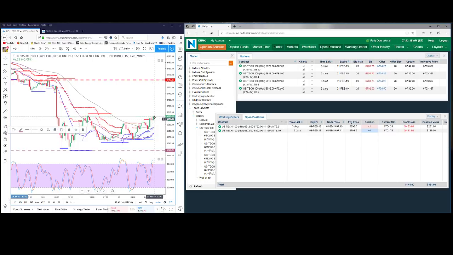Now in this case, let's say that it comes up to 67.18 and forms a reversal bar. Well, you still have the potential there to make a profit with the difference between your entry point, which is 6704.5, and where you exit when it comes back to here. Do y'all understand that?